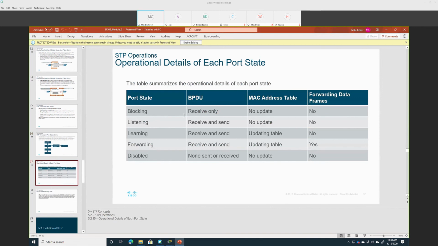Even if it's blocking, blocking means you still receive that one. Now, notice here they say receive only BPDU, not other stuff. No data, no information, only BPDU. It's like the heartbeat. We need to receive it to see if the connected switch is still alive, not disconnected. So listening, receive and send.